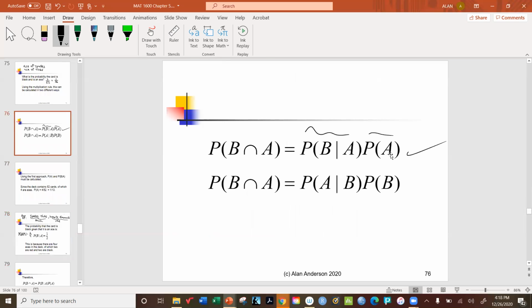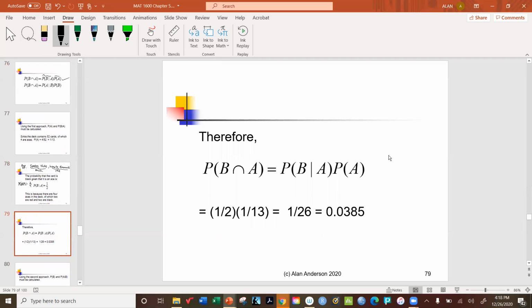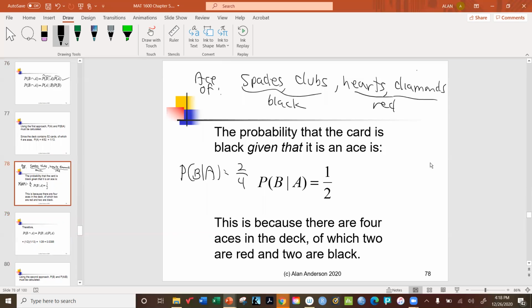The easy part is the A, the probability of an ace, just plain ace, is 4 out of 52. There's 4 aces in a deck of 52 cards. So if you multiply these together, actually you can reduce this one to 1 over 13 if you want. So therefore, what we're aiming for is this.